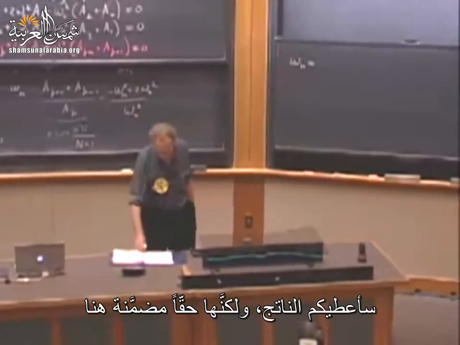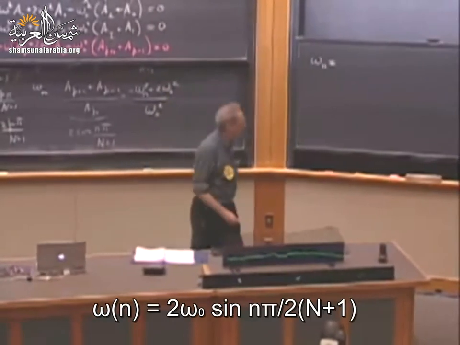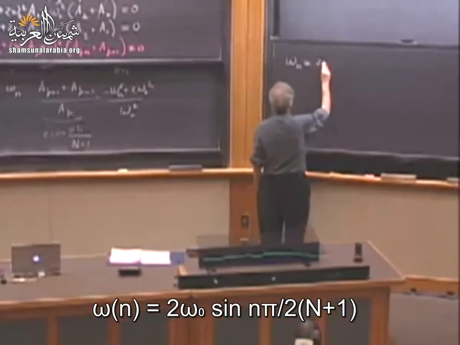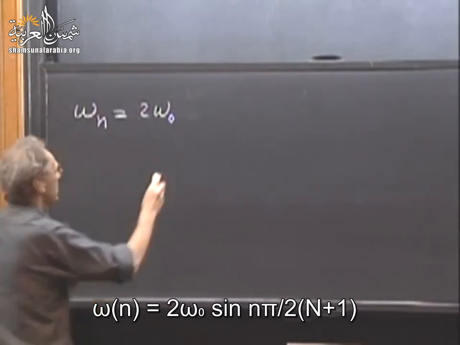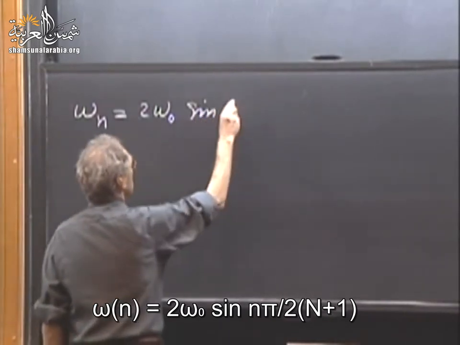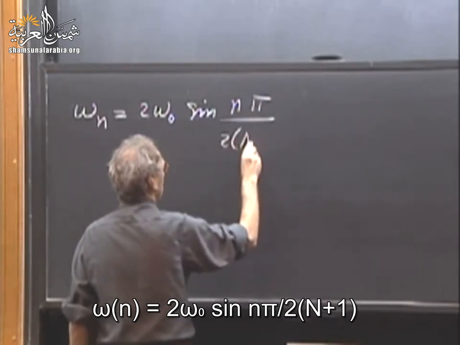So I will give you the result, but it really is implicit already in here. You will get 2 omega 0. The result is by no means intuitive, times the sine of n pi divided by 2 times n plus 1.